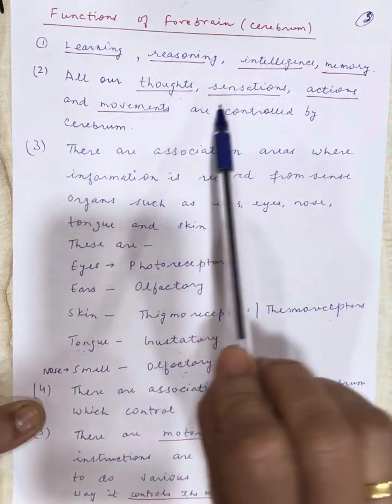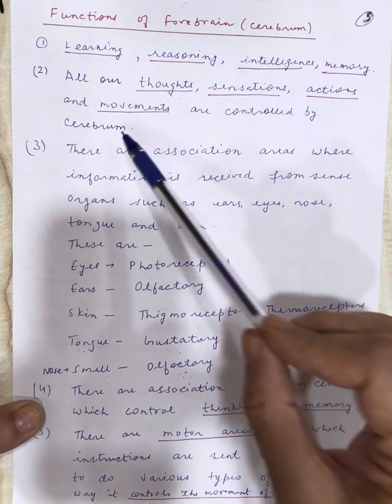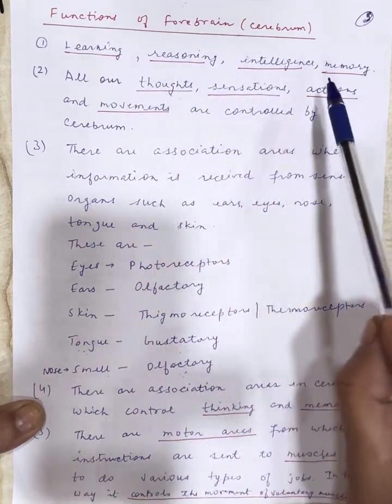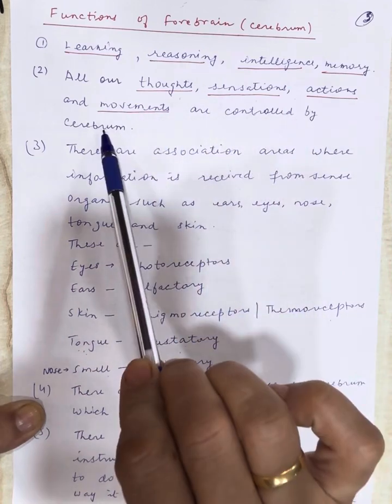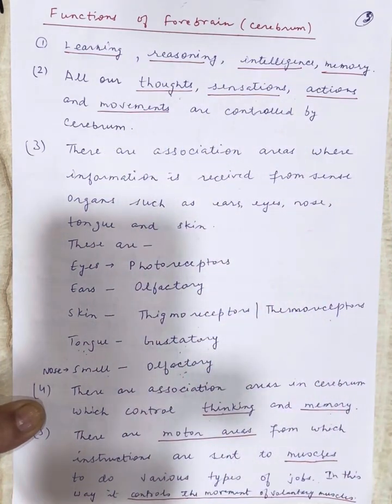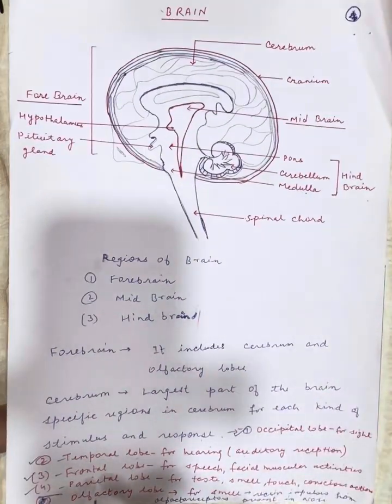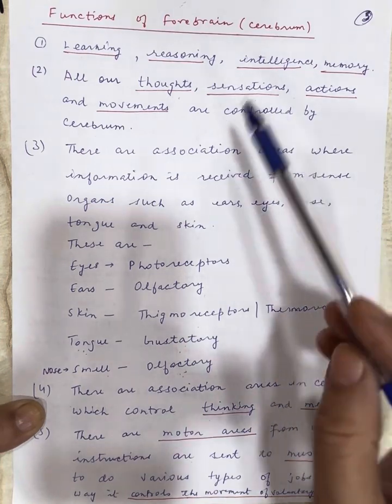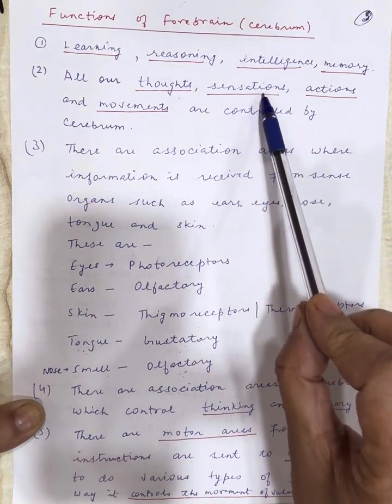All our thoughts, sensations, actions and movements are controlled by the cerebrum, because we have seen the temporal lobes, frontal lobes, parietal lobes, occipital lobes. So what are their functions? They are giving us sensations.